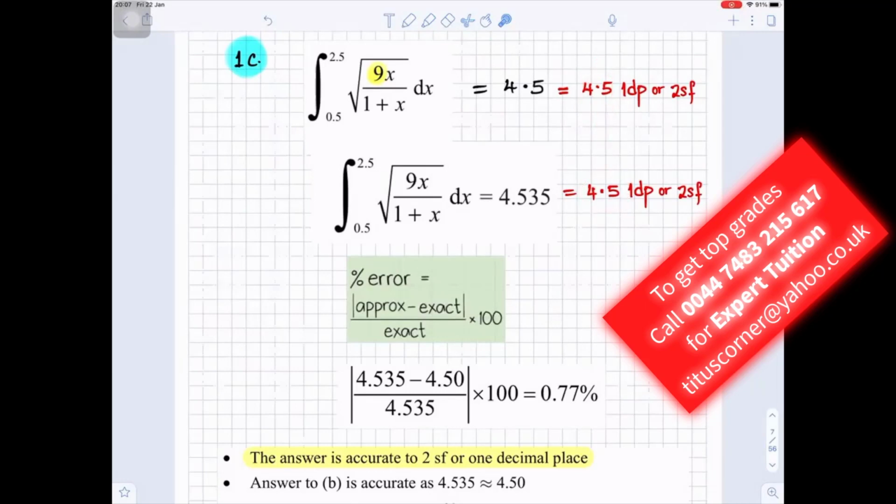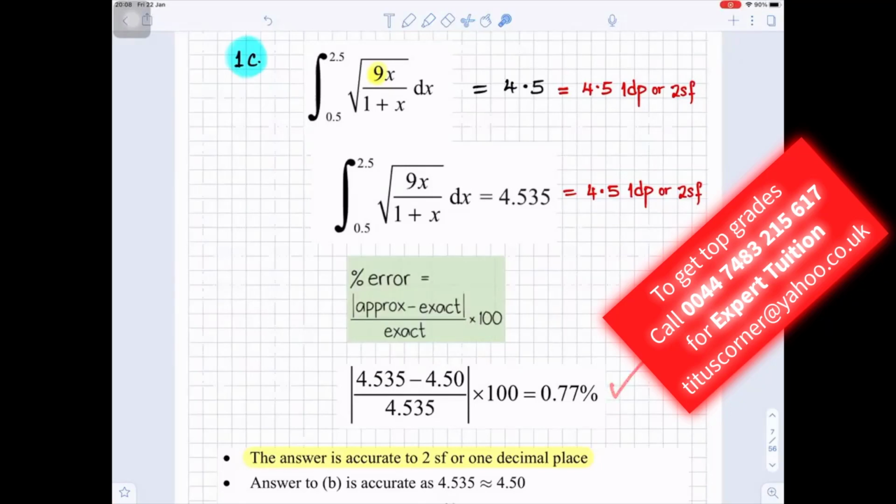And how do we calculate percentage error? You use this formula: approximate value minus exact value, divided by exact, times 100. And we use this absolute sign because we just want the percentage, not negative values. So 4.535 minus 4.50 divided by 4.535 times 100.